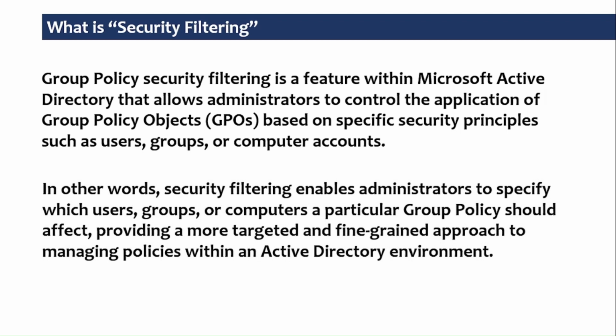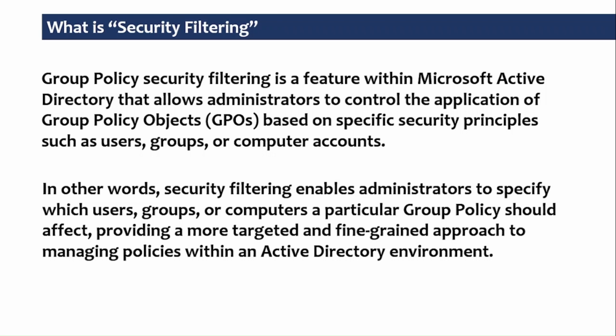In other words, security filtering enables administrators to specify which users, groups, or computers a particular group policy should affect, providing a more targeted, granular, or fine-grained approach to managing policies within an Active Directory environment.